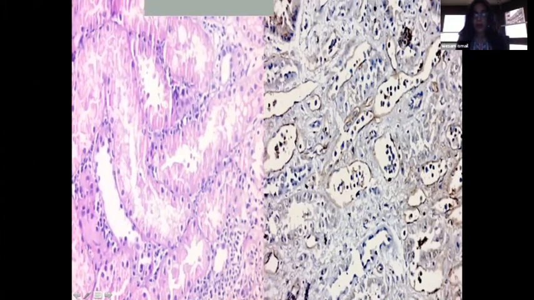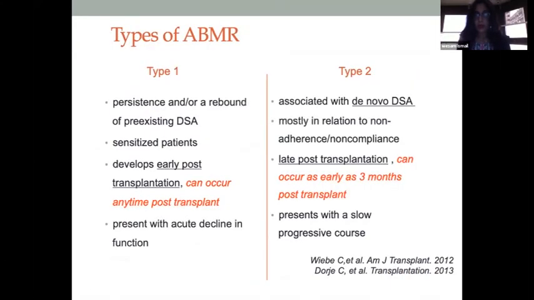Because of this, we now recognize two types of antibody-mediated rejection. We have type 1, which is the one we see early post-transplant, and this is related to persistent or rebound of pre-existing DSA and occurs mainly in sensitized patients. As I said, it usually develops early post-transplant. However, it can occur anytime post-transplant.